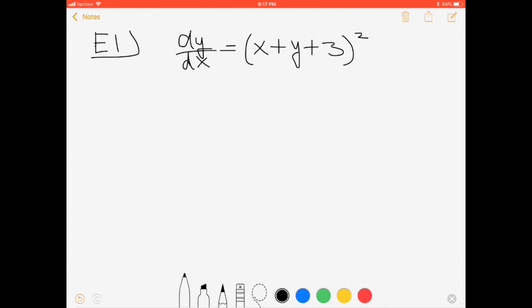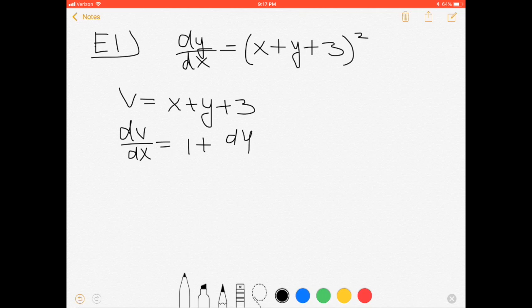We need a substitution, a new function v equals x plus y plus 3. If you take a derivative, dv/dx will be 1 plus dy/dx.